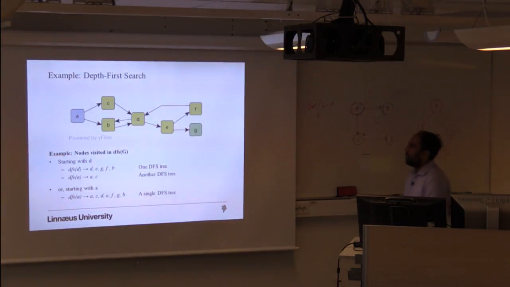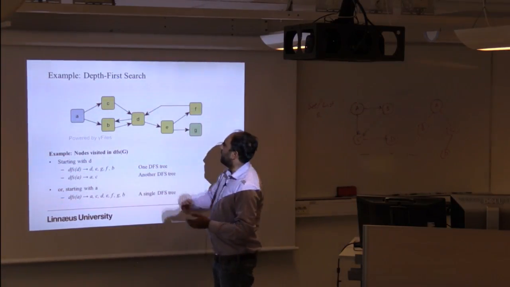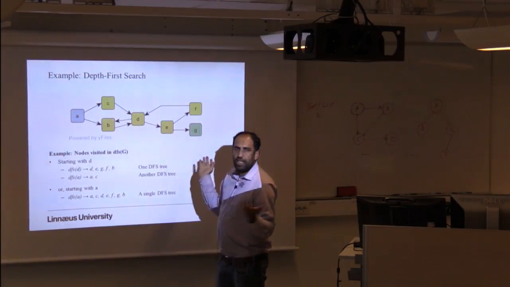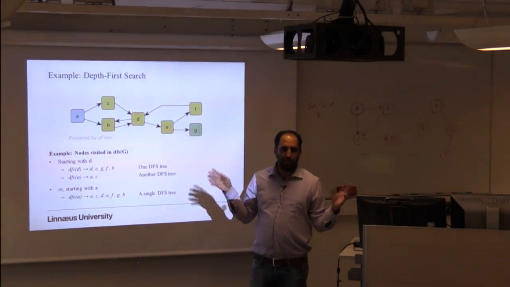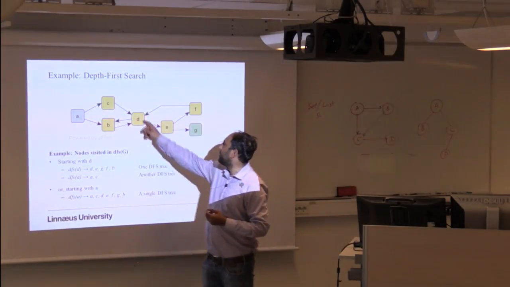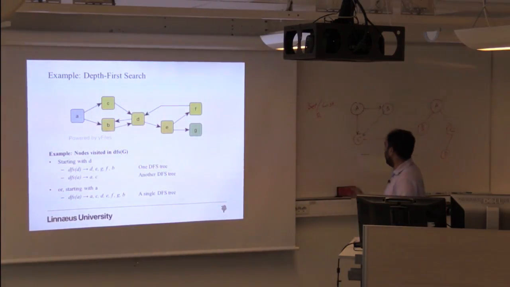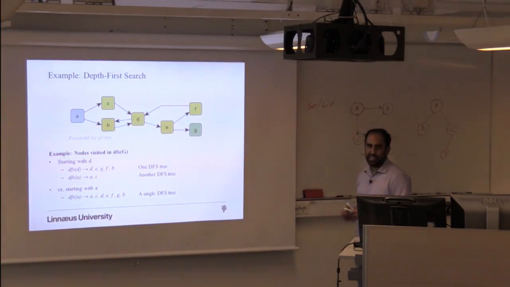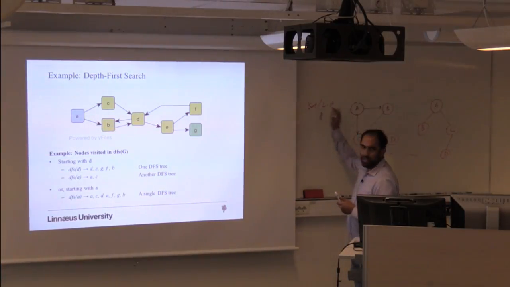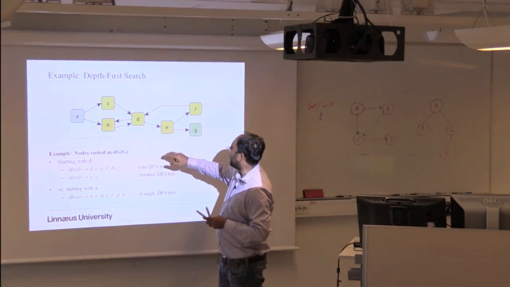Yeah. So here we have an example. It's the same graph, and as I said, we don't have any root node here, so we can start basically from any node. Let's say we start from node D. The algorithm says that when you visit a node, you should first add D to the list that you have visited, and then for each successor of D. So what are the successors of D?